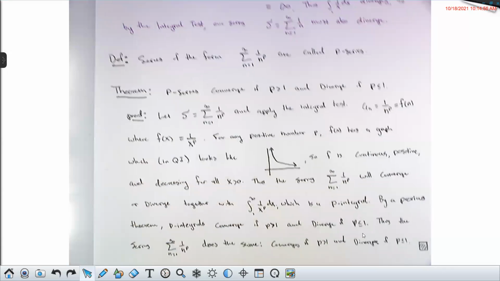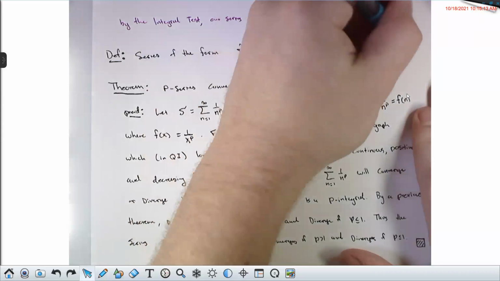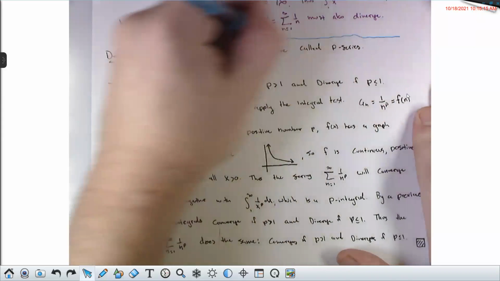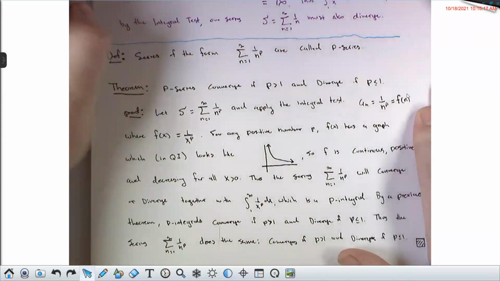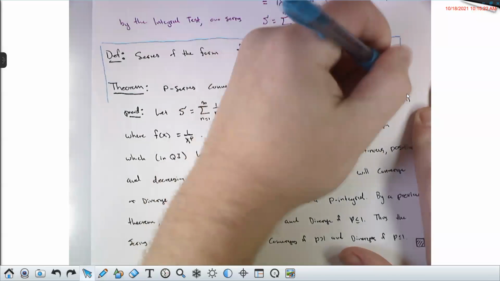Since p series must do the same thing as p integrals, p series must converge if p is bigger than 1 and diverge if p is less than or equal to 1. The parts here that I need you to remember are the definition and the statement of the theorem.